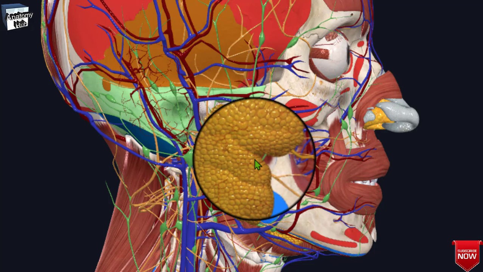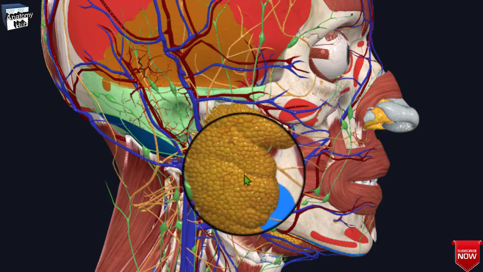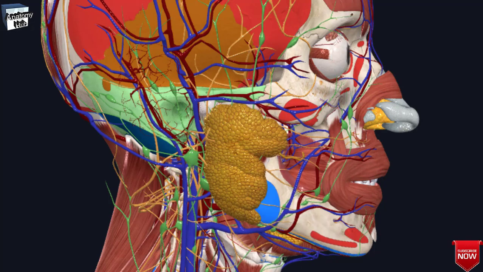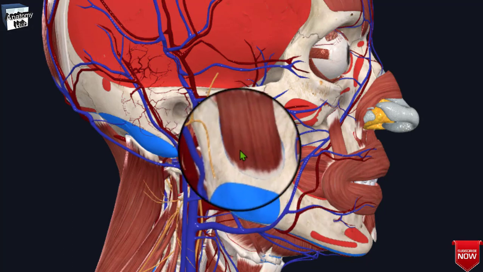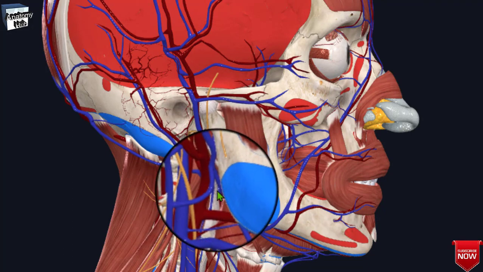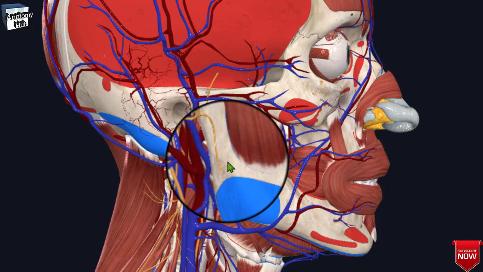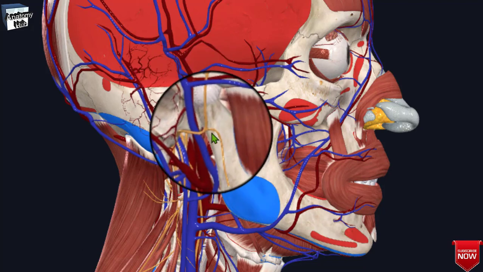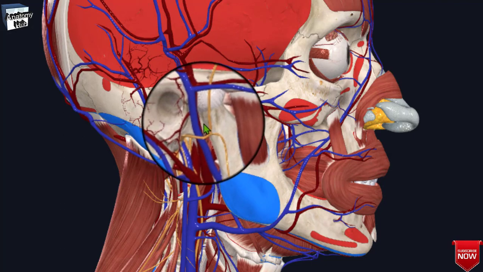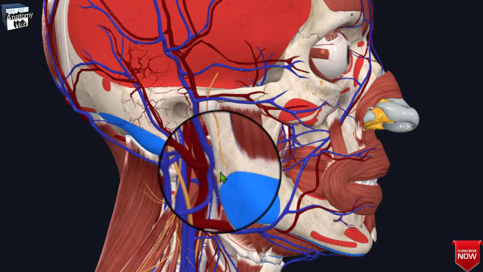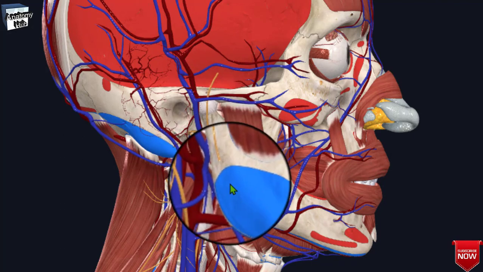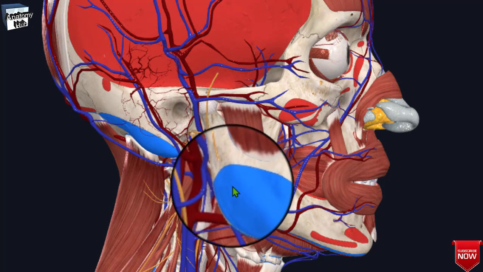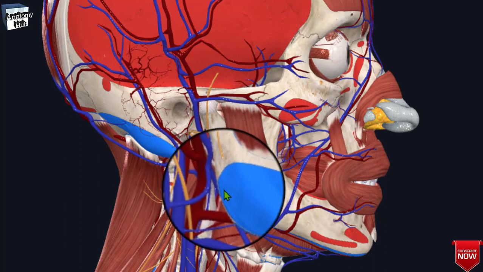For the venous drainage, we have to remove this parotid gland to see how the veins drain from it. Here you will find the maxillary vein and the superficial temporal vein, which travel alongside their similarly named arteries and drain the deoxygenated blood from the parotid gland.